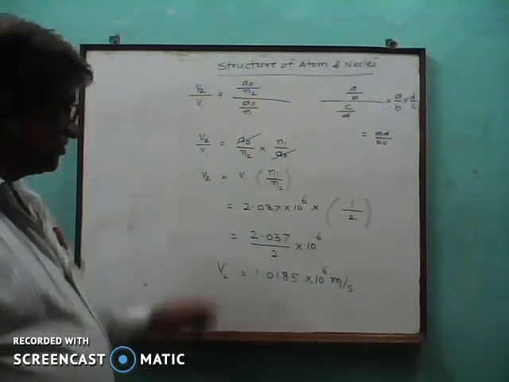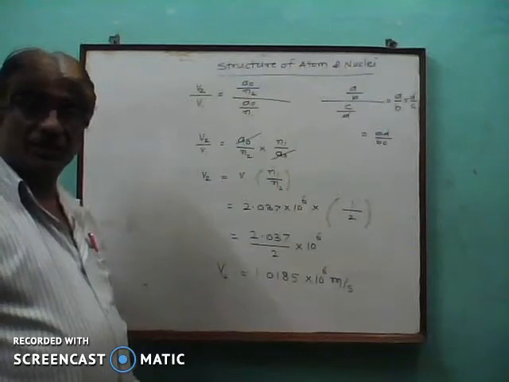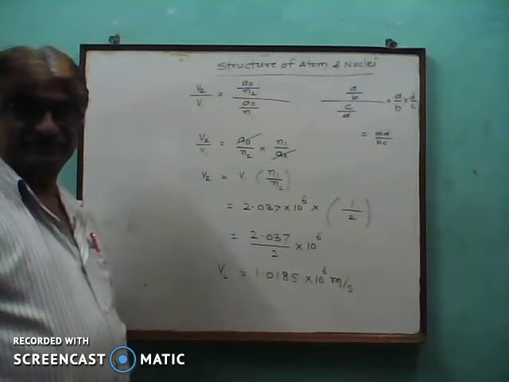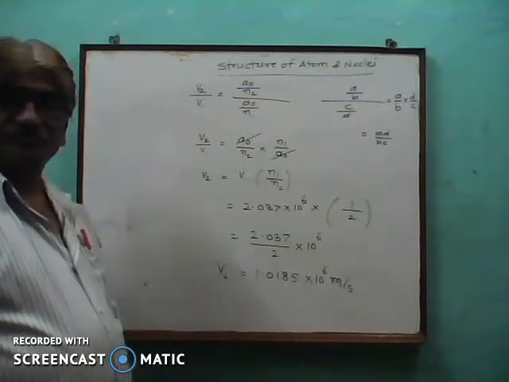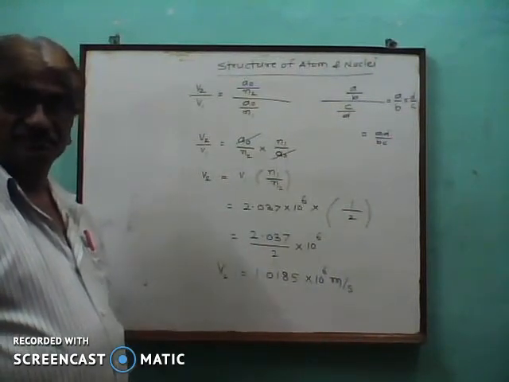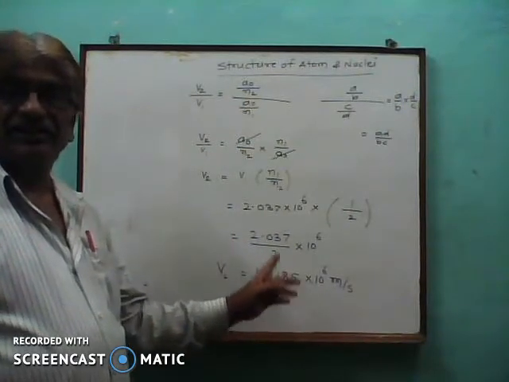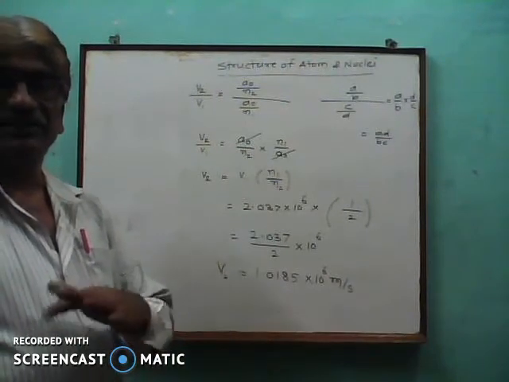The answer is 2.037 upon 3, which is 0.679 into 10 to the power 6 meter per second.